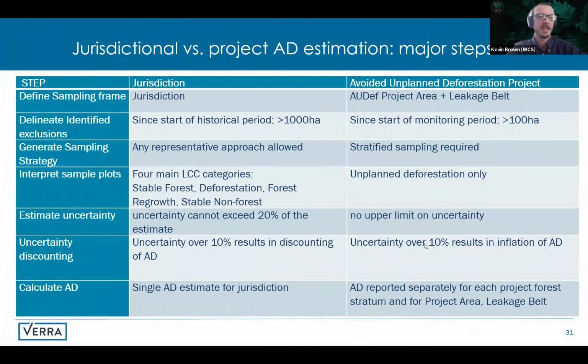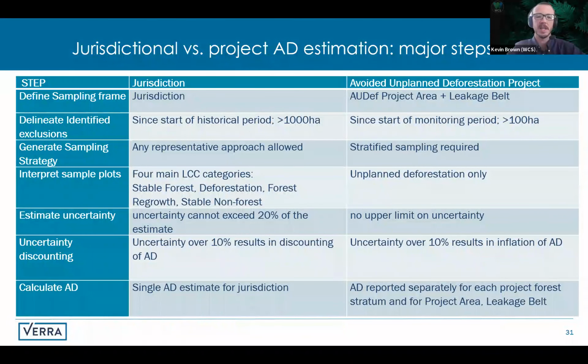For the project case, there's a little bit more guidance on the stratification approach. You're required to stratify by any forest types that you're using in your carbon accounting. So if you stratified your forest types, you need to use that in your sampling stratification. You need to stratify by the project area and leakage belt, and then also an additional stratification along some factor that is expected to capture the difference in where you're expecting to observe deforestation over that period.